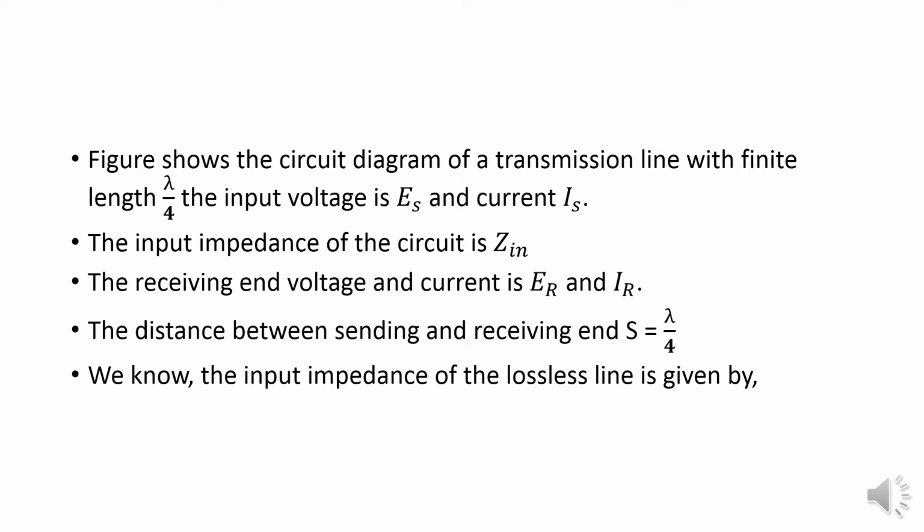So the input impedance Z in is equal to ES divided by IS, which is equal to R naught into ZR plus J R naught tan beta S, divided by R naught plus J ZR tan beta S. Here beta is equal to 2 pi divided by lambda.